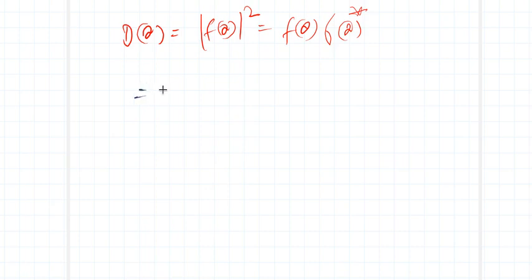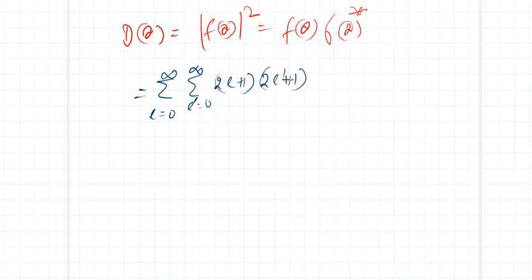Because I know what f of theta is in terms of partial waves, I can write it as a sum with L from 0 to infinity, one index L and another L prime. So it is 2L plus 1, 2L prime plus 1, AL star, AL prime, and PL cos theta and PL prime cos theta. This is a way to define it.